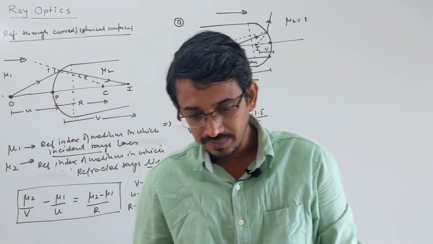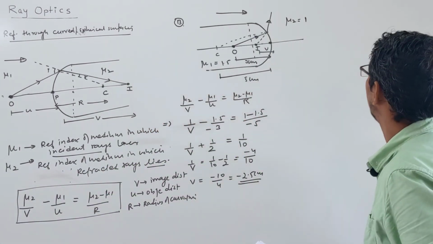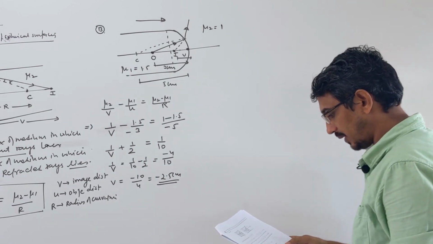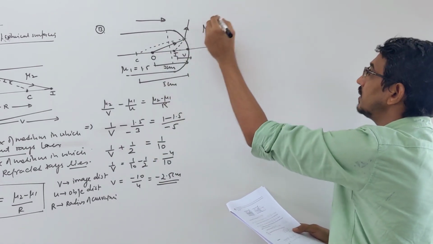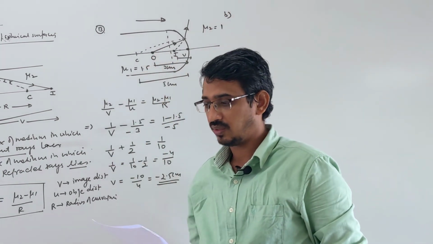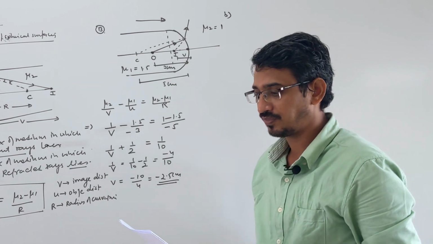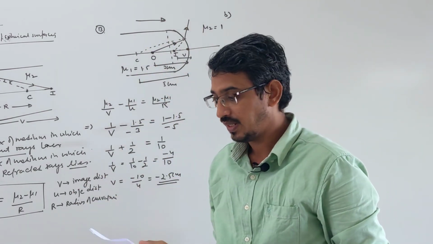Okay, now look here, another case of this is also given. They said that if the same object is placed, second case of this we are doing, question number 13, second case B. If this surface is concave, one was given as a convex surface, this one is given as a concave surface, then what will happen?